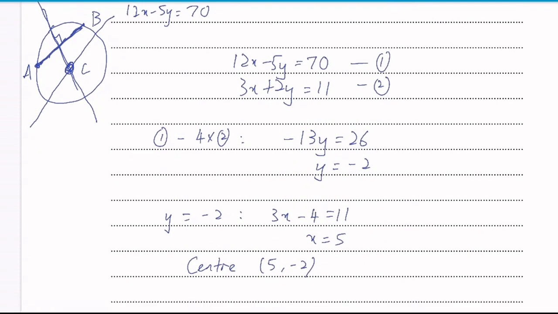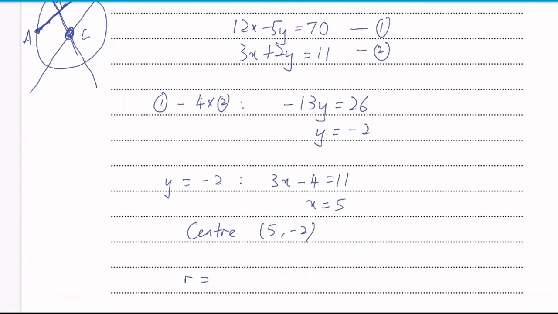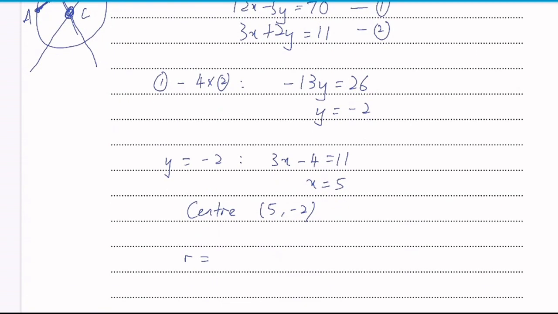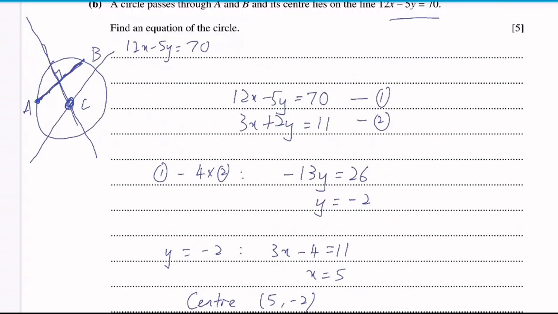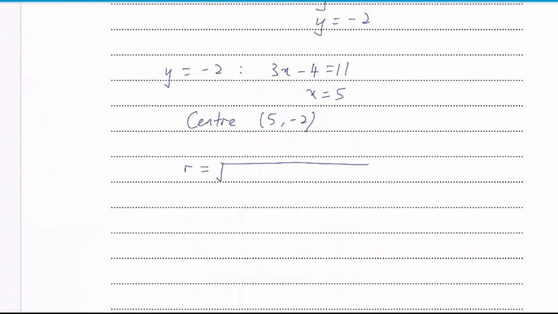So, okay, we also need to find out the radius here. We use the center and find the distance from the center to either point, A or B. So we can use the distance formula. Let's say we make use of point B, which is (5, 11). So we have 5 and 11, so it's a nice 13 actually.